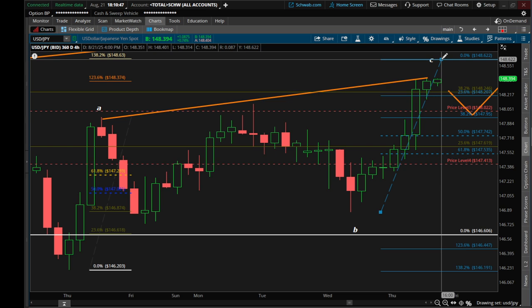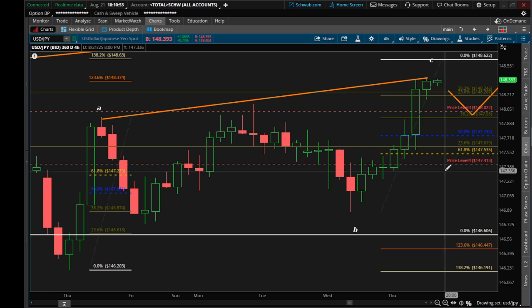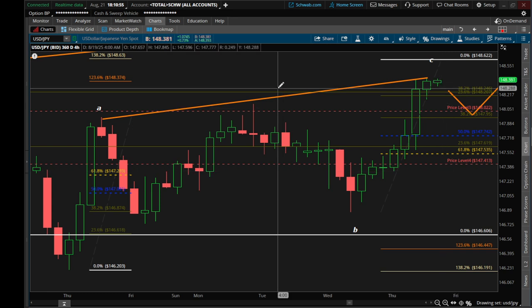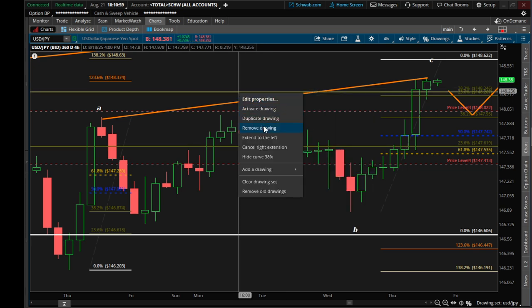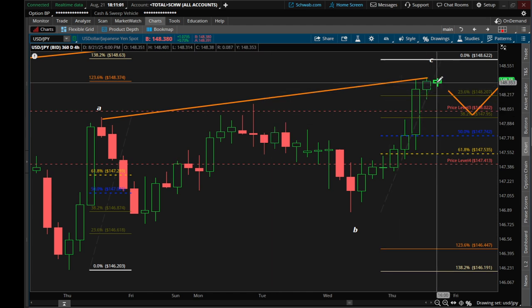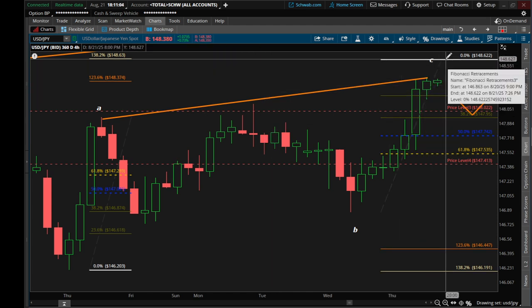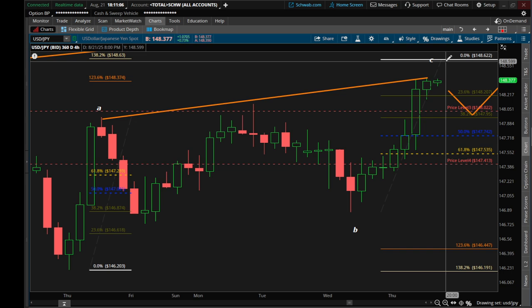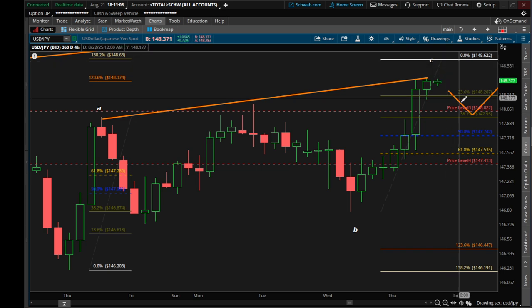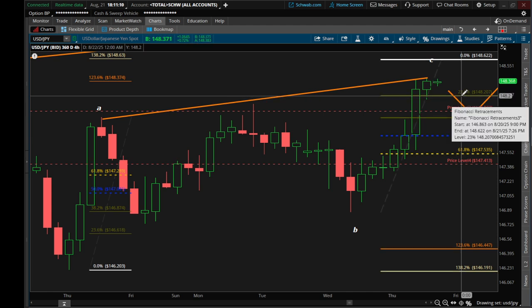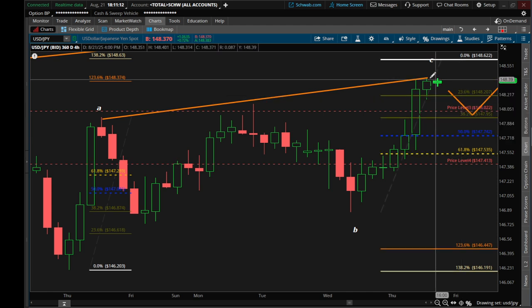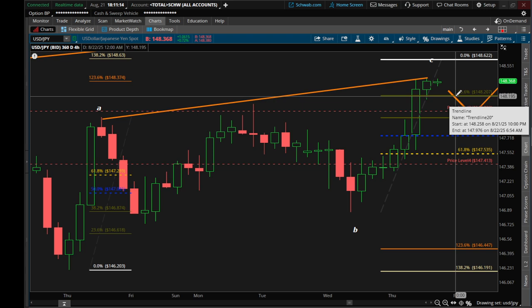So right about here. So the retracement target, if it goes higher up to the 148.622, then our pullback, the first target is pretty much right where we're at right now at 148.207.